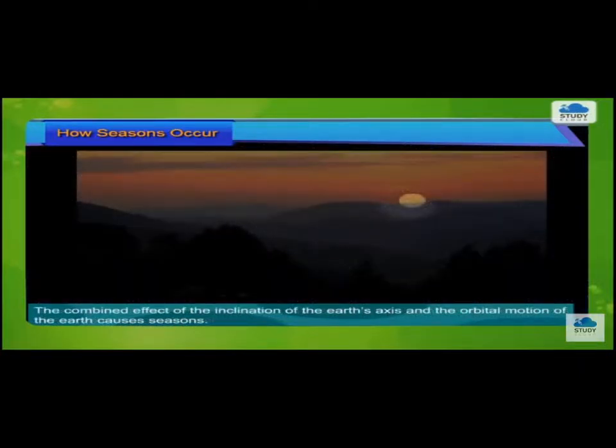See, the combination effect, both combination effect. Now listen how seasons occur. The combined effect of the inclination, the sloping of the earth, that is the inclination of the earth's axis, and the orbital motion of the earth causes seasons. This is very important.